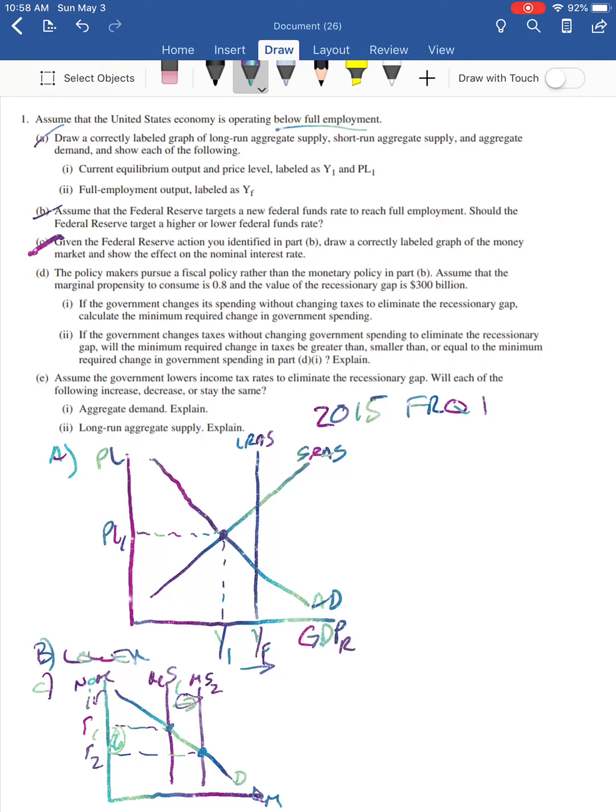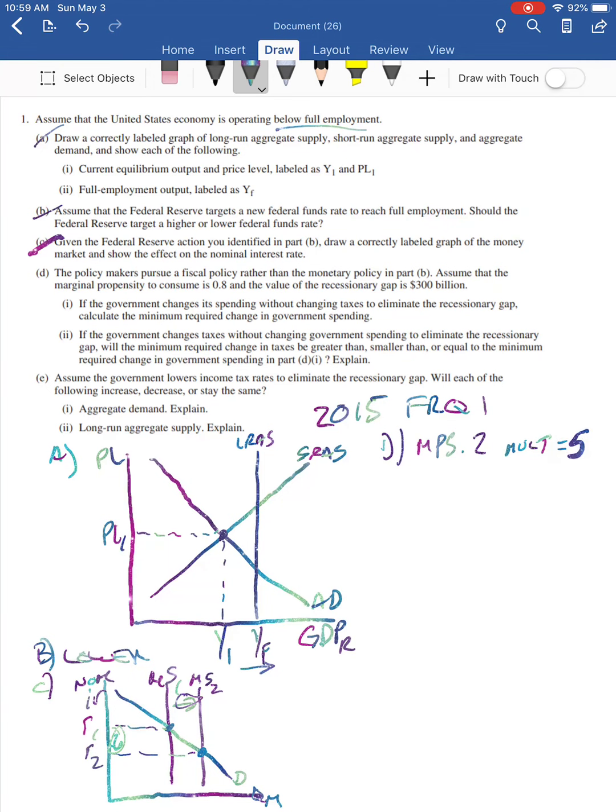And then letter D talks about the multiplier. So if fiscal policy is the action taken rather than monetary policy, assume that the MPC is 0.8 and the value of the recessionary gap is 300 billion. So immediately when I see that, I know, okay, I'm going to have to do something with this MPC. I know my MPS then is 0.2, and my multiplier then is going to be 1 over the MPS, which is 1 over 1/5, which equals 5.